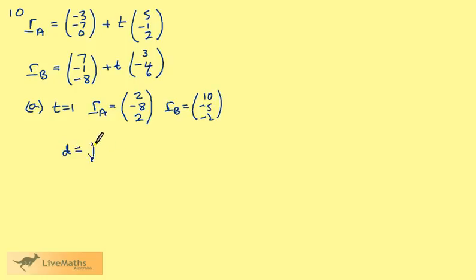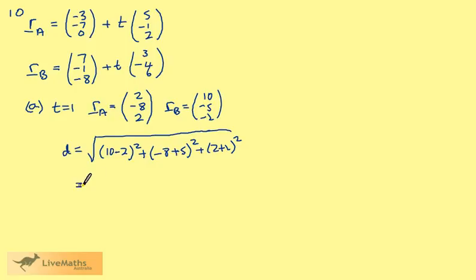So the distance will be the square root of 10 minus 2, all squared, that's from the i's, plus -8 add 5 squared from the j's, add 2 plus 2 squared from the k's, that's the square root of 89, which is 9.43 meters, correct to 2 decimal places.